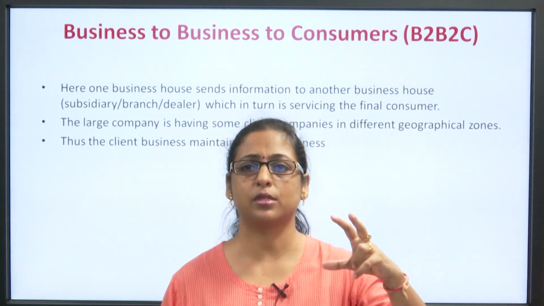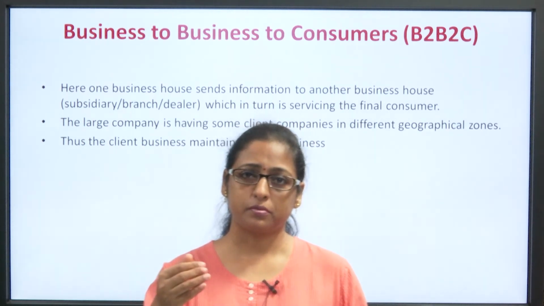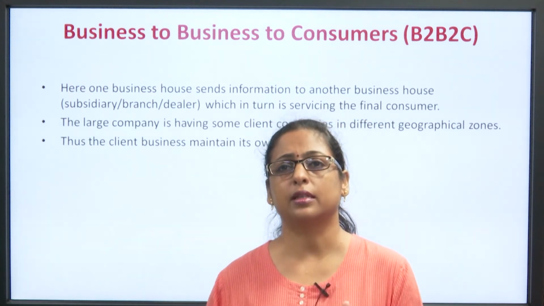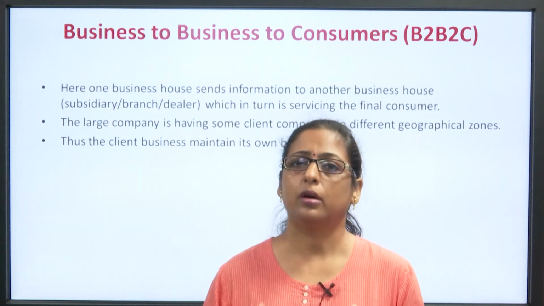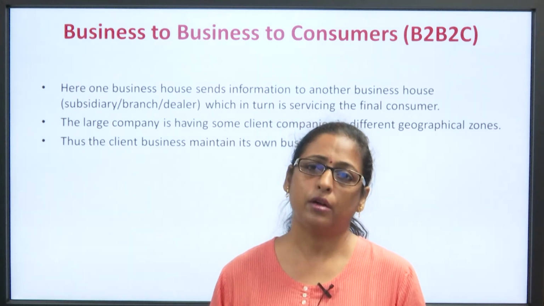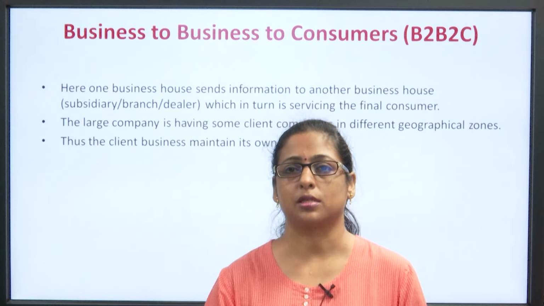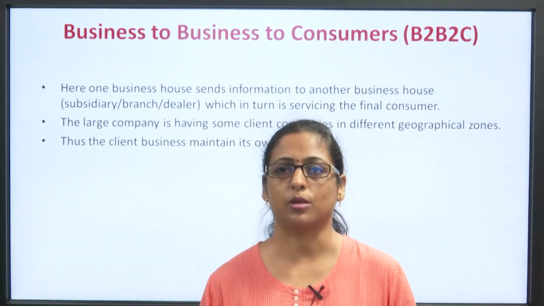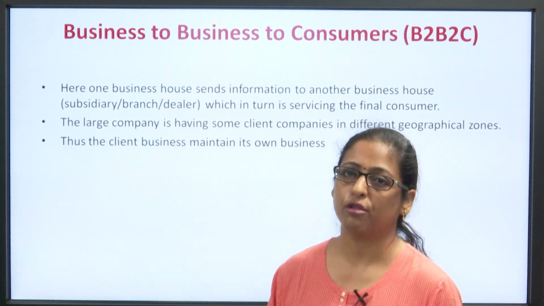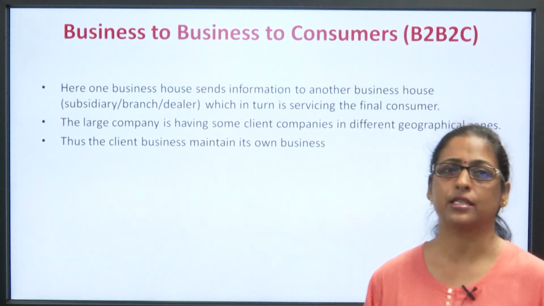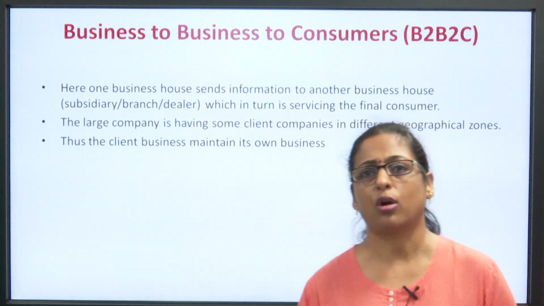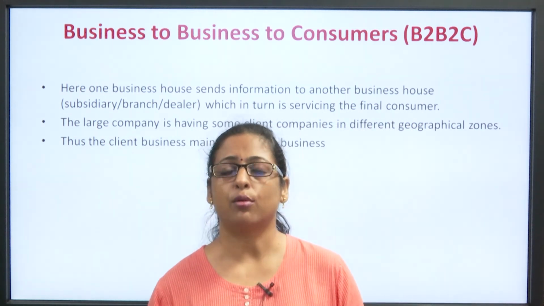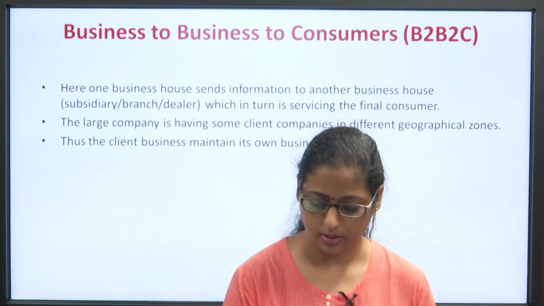That means there are two business organizations: one who would receive the order from the customer, then contact the other business who would help deliver the product to the customer, because the second business is in the vicinity of the customer. So this is a kind of triangle which gets created, and this is the concept used by large companies which are at distant geographical locations.